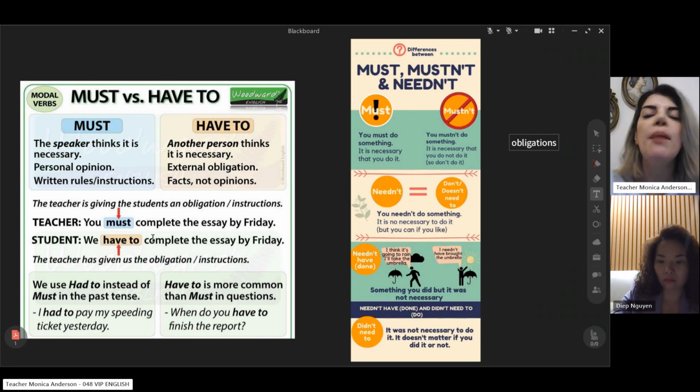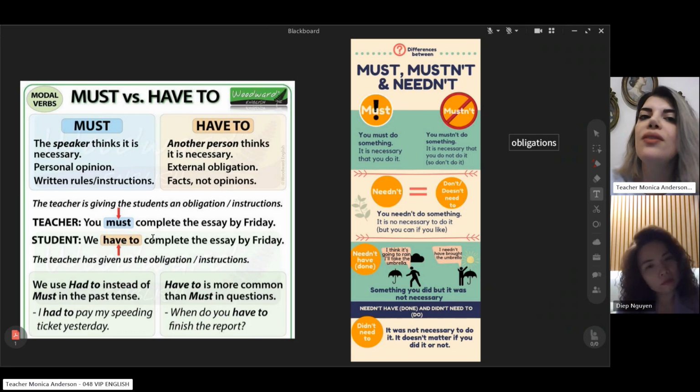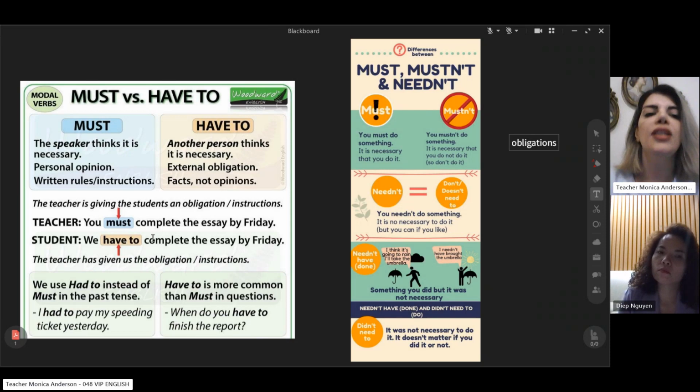But when the speaker thinks it's necessary to do something, we use must. For example, I say, teacher, you must complete the essay by Friday. This is my opinion, and I say you must. This is actually something that I want you to do.